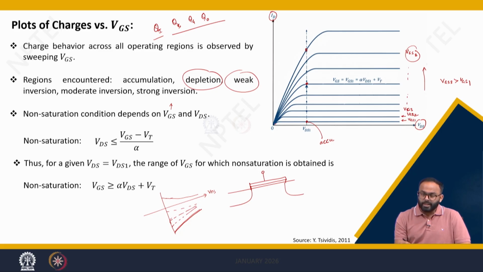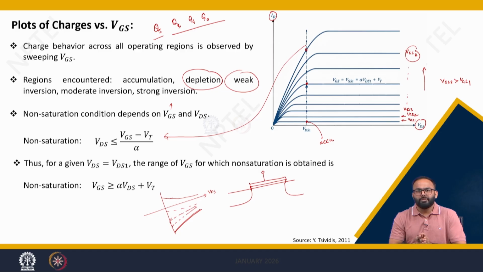Because we have already defined this saturation, non-saturation boundary as VDS should be less than or equal to (VGS minus VT) by alpha, which will give me the non-saturation region, right? So to keep the operation in non-saturation region, VGS should be greater than or equal to alpha times VDS plus VT.